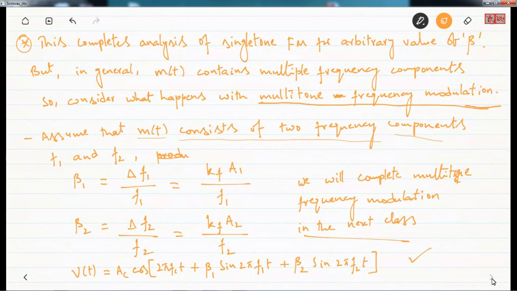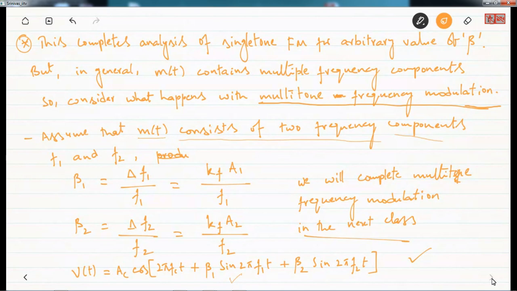In the time domain, this is the unmodulated carrier frequency, and it gets varied by the frequency variations due to the modulating frequencies.